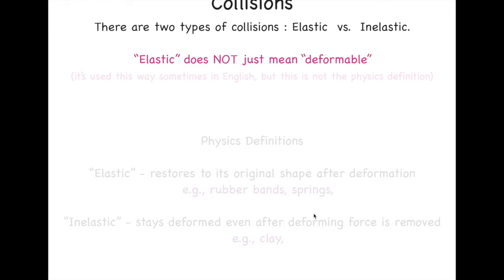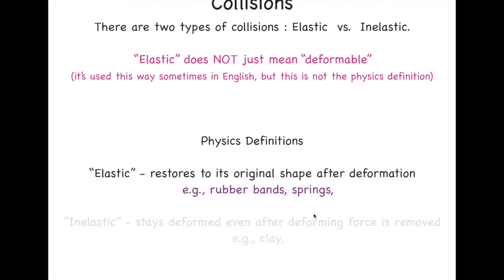Elastic in physics does not just mean deformable, even though we sometimes use it that way in English. We might say that he's got an elastic memory, meaning it's very malleable, but it's not a proper use of the word elastic in the physics domain. Perfectly fine way of using it in English, but in physics, we have a more precise definition for elastic.